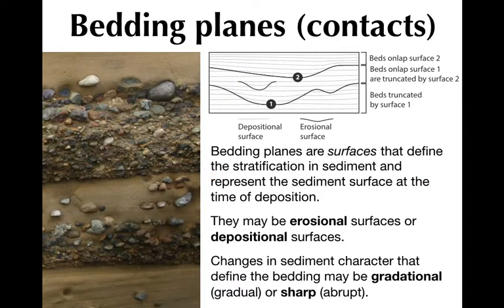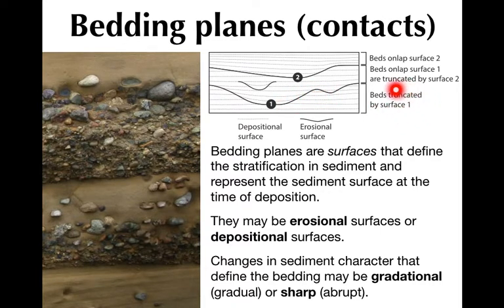These surfaces, these bedding planes, may either be erosional surfaces or depositional surfaces. So if you look at this image up here at the top, what we have is a series of layers, some of which are depositional surfaces and some of which are erosional surfaces. You can pick out the erosional surfaces because they cut through the depositional surfaces.